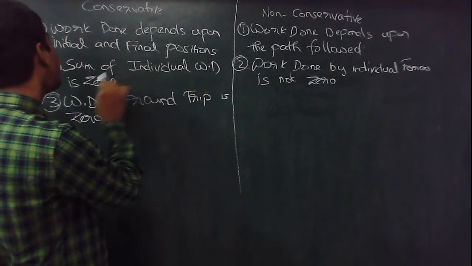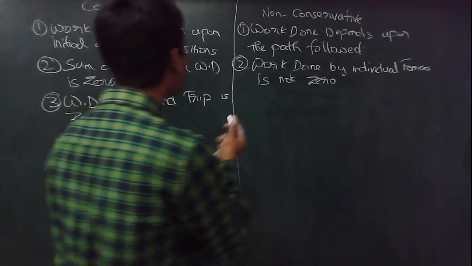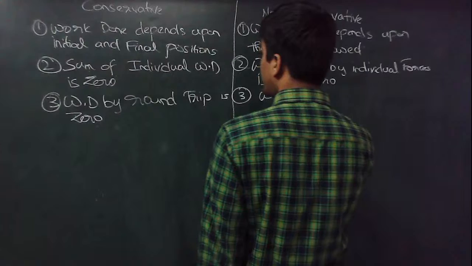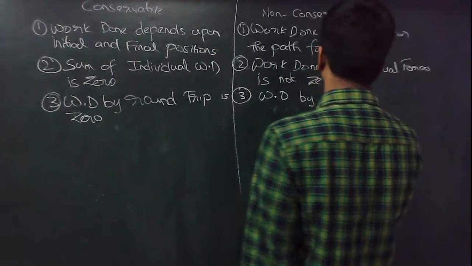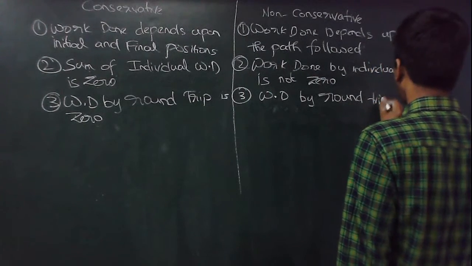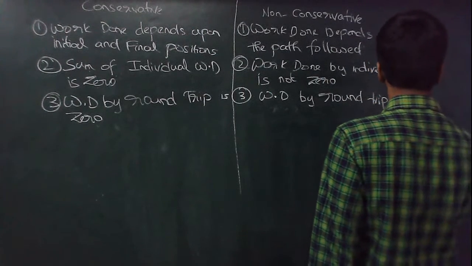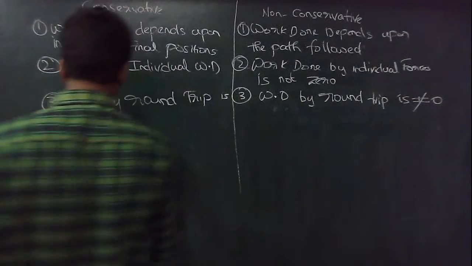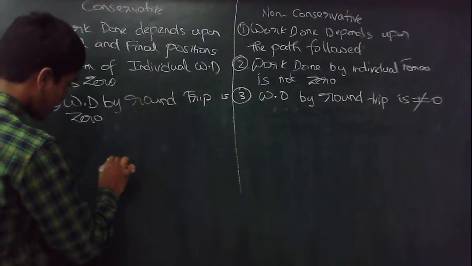As I said, the sum of individual work done is 0. The third one: W done by round trip is not equal to 0.